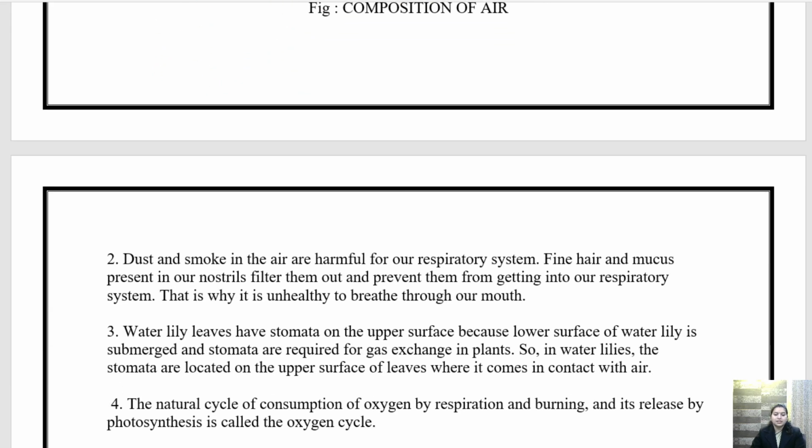Dust and smoke in the air are very harmful for our respiratory system. Fine hair and mucus present in our nostrils filter them out and prevent them from getting into our respiratory system, that is, the lungs.